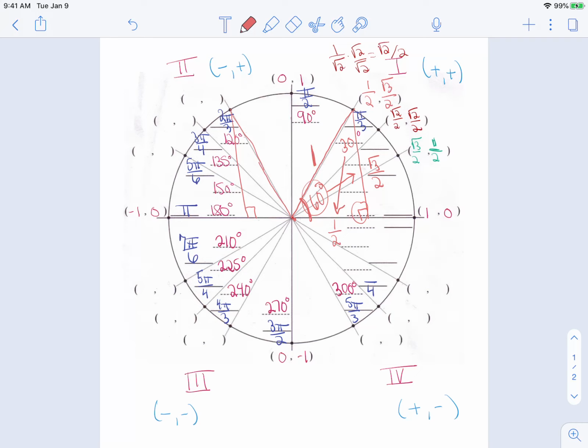Remember, we talked about that. So if this is 180 degrees, well, this reference angle is 60. Then you want to pay attention to what would be positive and negative based on your location. So stop this video, try it on your own, and then start the next video and we're going to go through all the values.